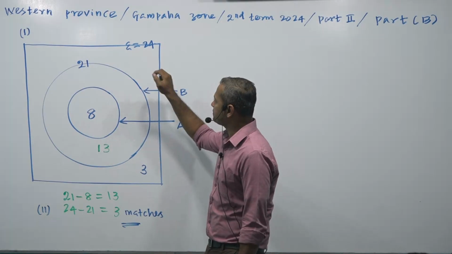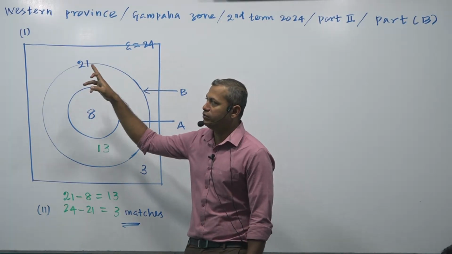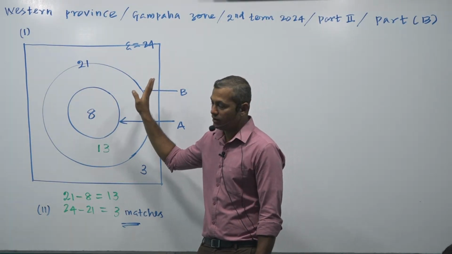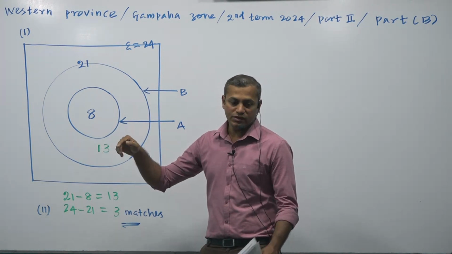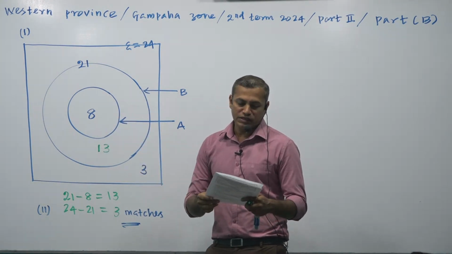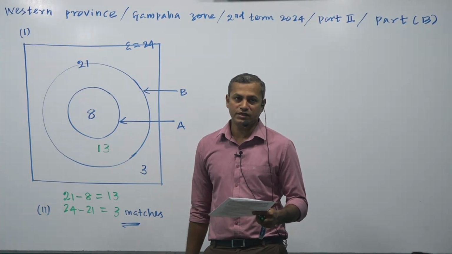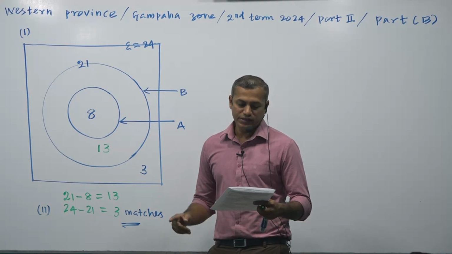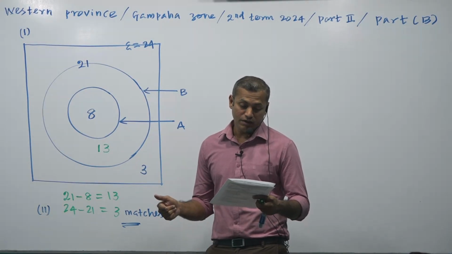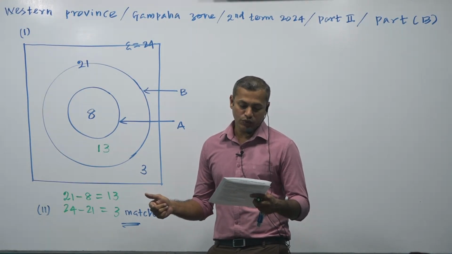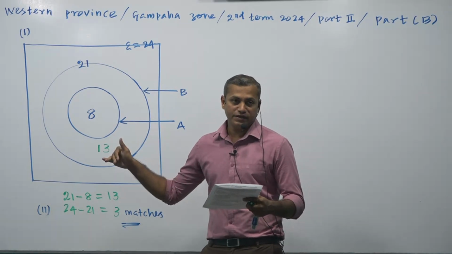Right, counting. 24 matches total. In some matches, he has scored runs less than 49. In some other matches, he has scored less than 99.